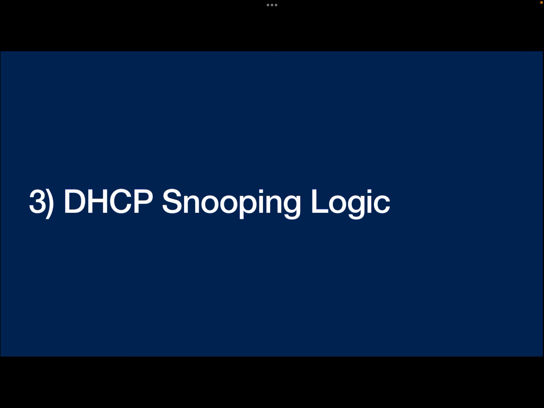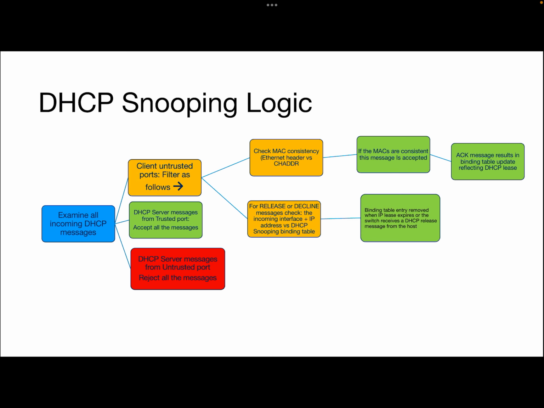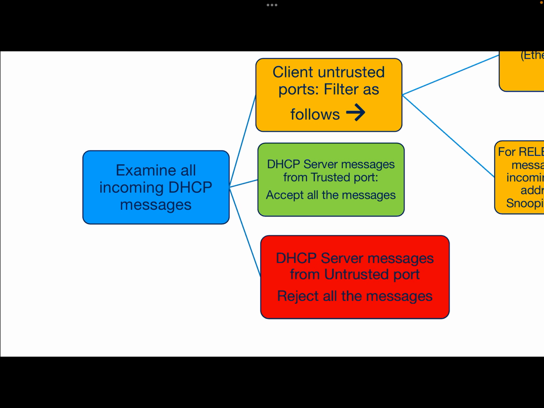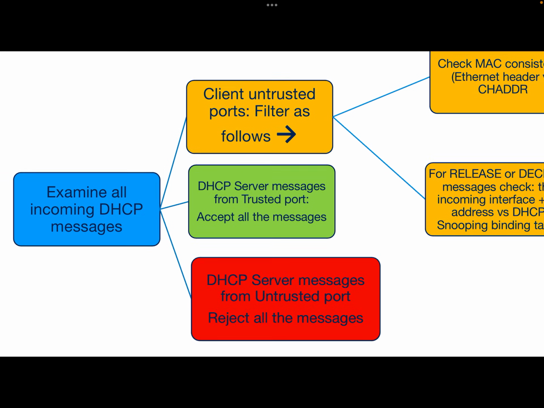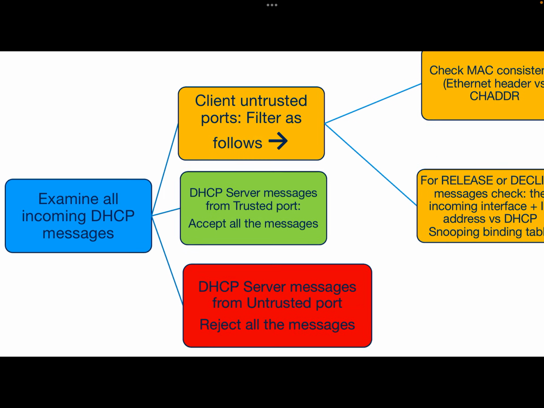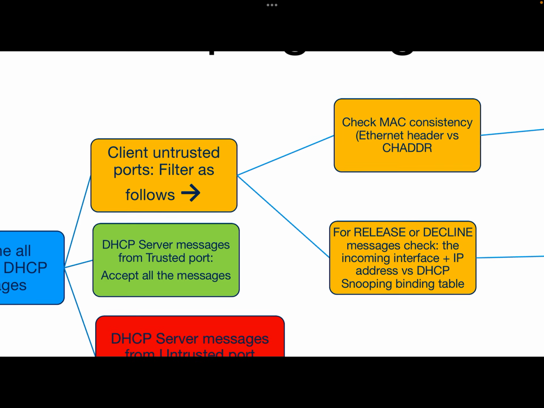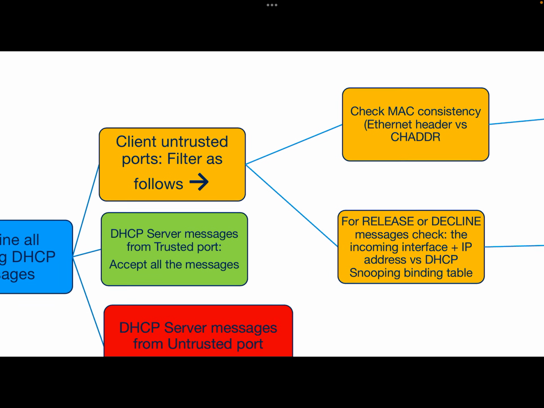How does DHCP snooping make its decisions? Firstly, DHCP snooping examines all the incoming DHCP messages, and then it has to make some key decisions. If we've got incoming DHCP messages from untrusted client ports, there needs to be further investigation, because they're untrusted ports.